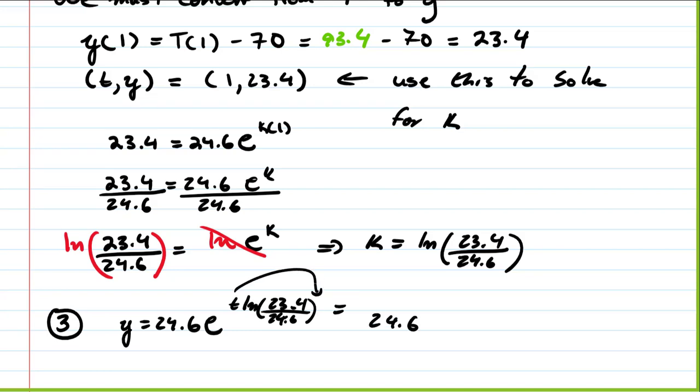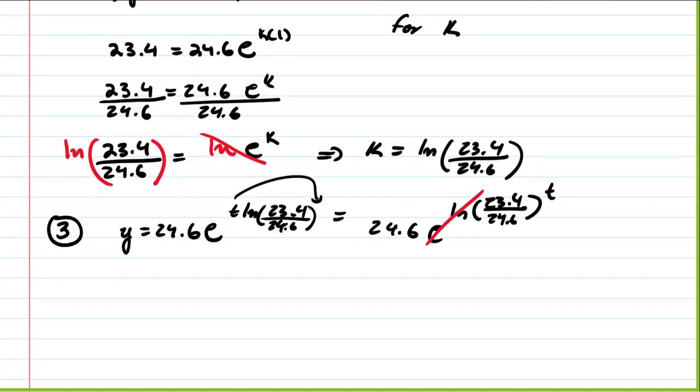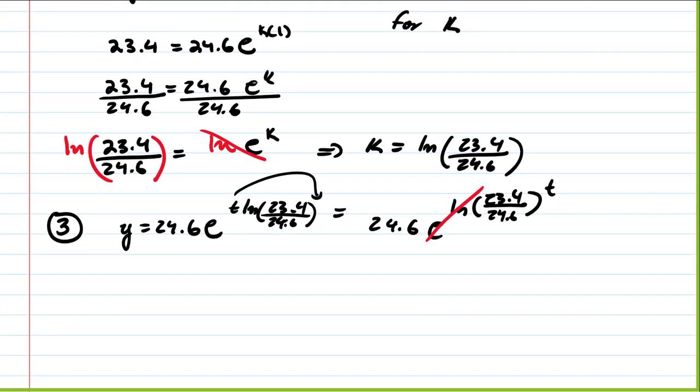Moving our t up into the exponent, e to the ln of 23.4 over 24.6 raised to the t. And then the e and the ln reduce out like they have in all of our other models. And we finally get y equals 24.6 times 23.4 over 24.6 raised to the t. All right, so that's our model.